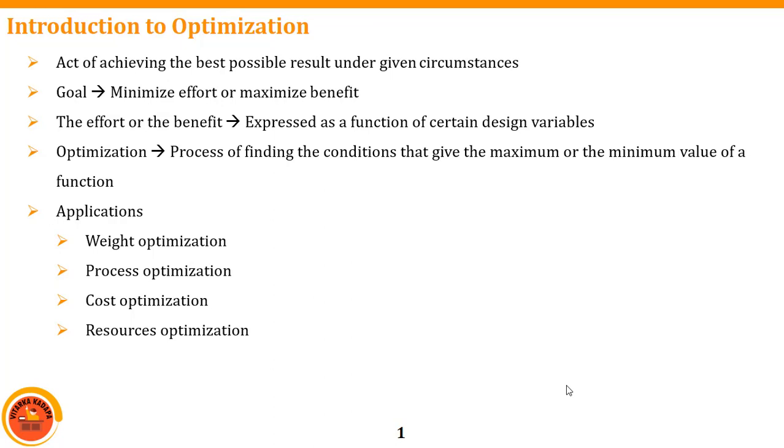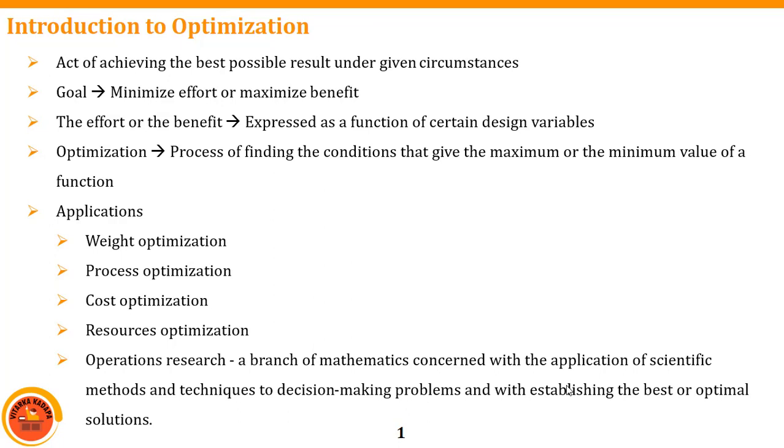For example, you can see nesting in various sheet metal operations. Why do they do nesting? Nesting reduces the amount of material, and that is resource optimization. All of these come under the category of operations research, so optimization means operations research.